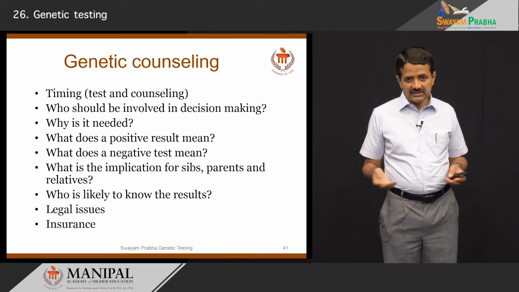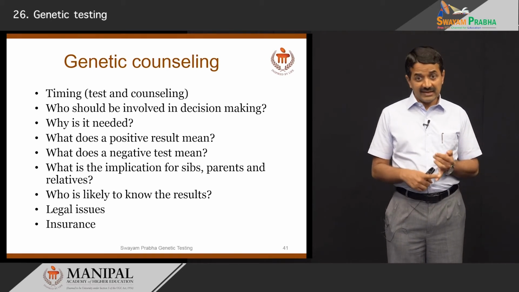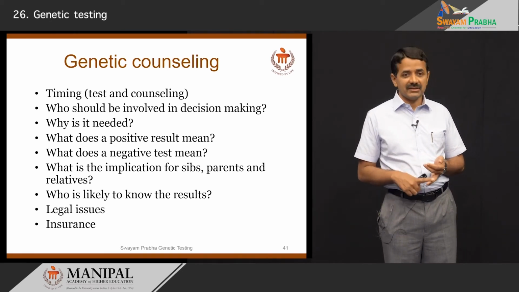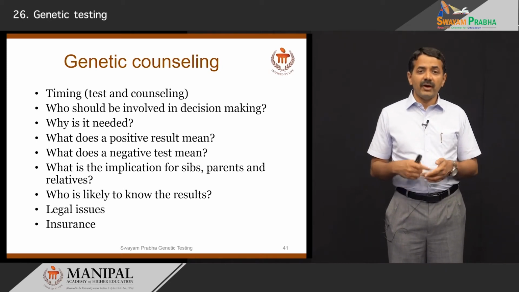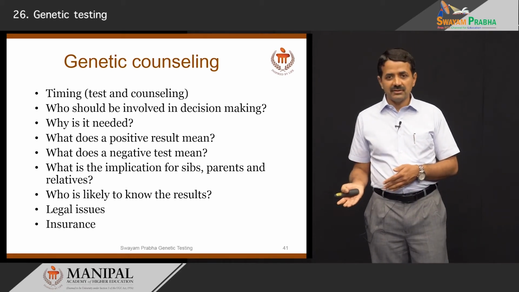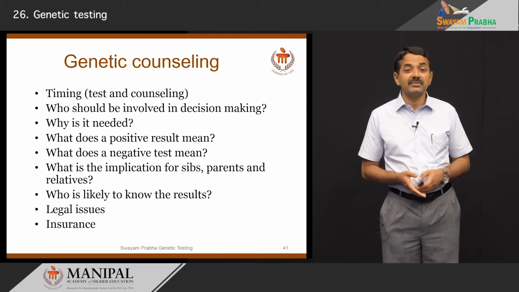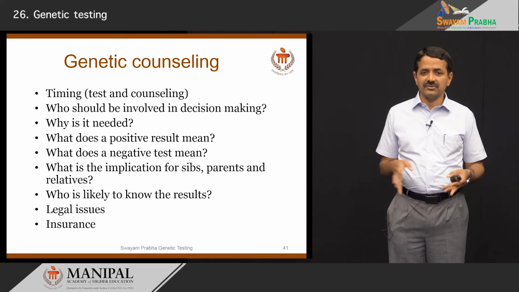Who should be involved in the decision making? We need to highlight whether it is a carrier testing, testing of asymptomatic children, and who makes the decision, who takes the consent, why the particular test is needed, what is the meaning of a positive test, or what is the implication of a negative test. Many times we see negative tests as reassuring, it is not true.